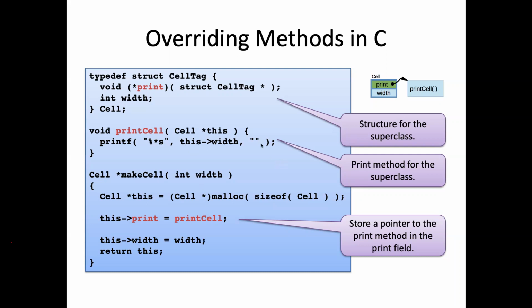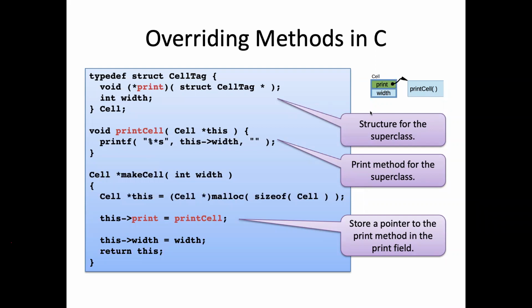And then once I've filled it with spaces, I don't really have anything else to print. So this is a sneaky way of just printing a given number of spaces. So cell objects are made knowing that when you ask me to print myself, here's the function you need to call.